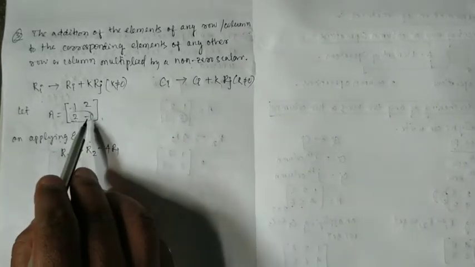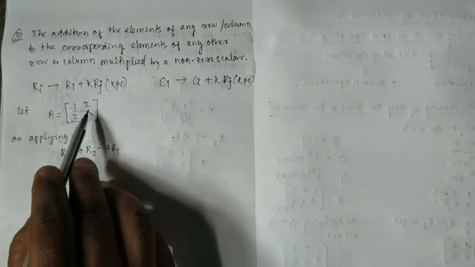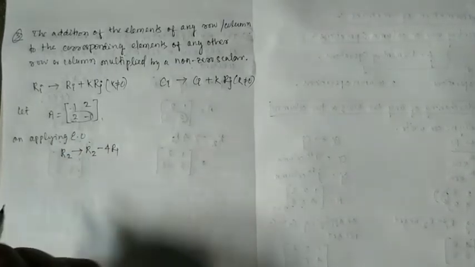Similarly, minus 1 is replaced by minus 1 minus 4 times 2. We get another matrix.